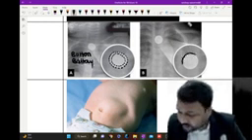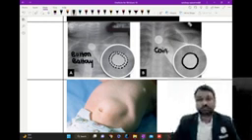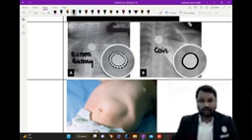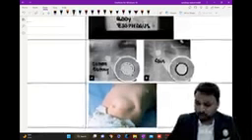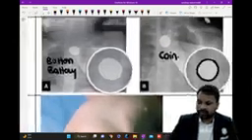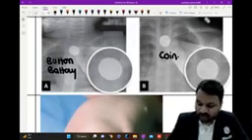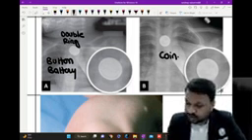If it is a single ring appearance, this is going to be a coin, right? A double ring is a button battery, a single ring is going to be a coin. If you see now, you'll be able to understand much better, right? So button battery will have a double ring. This is going to have basically a single ring.